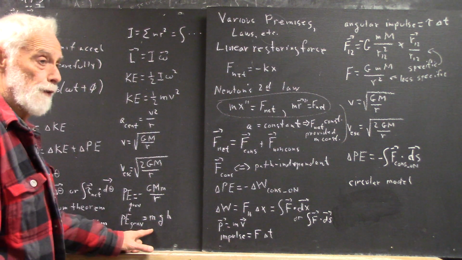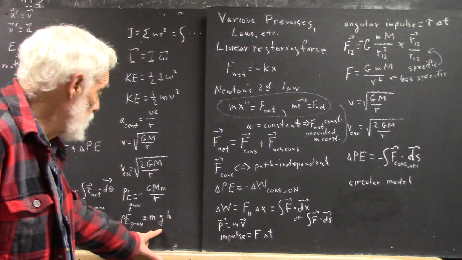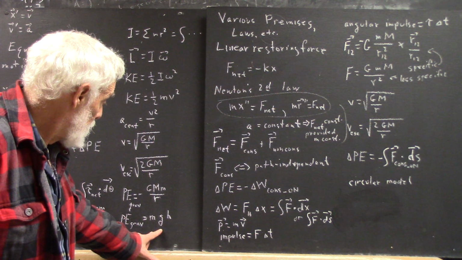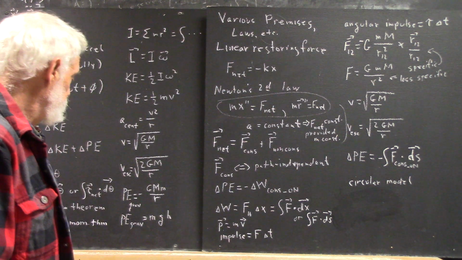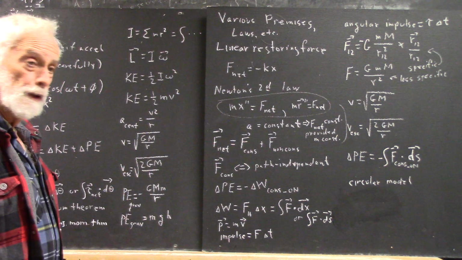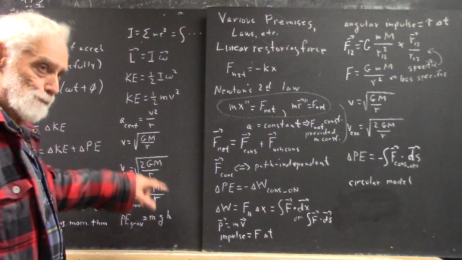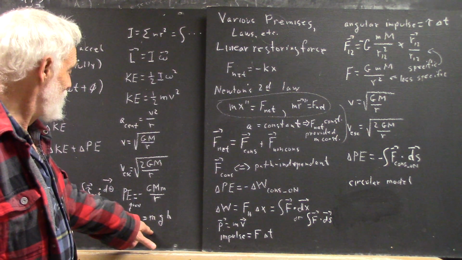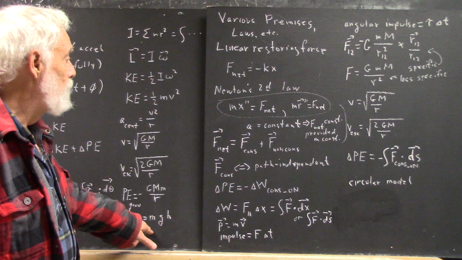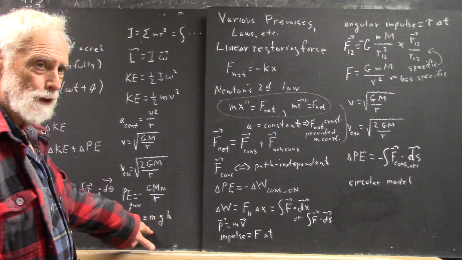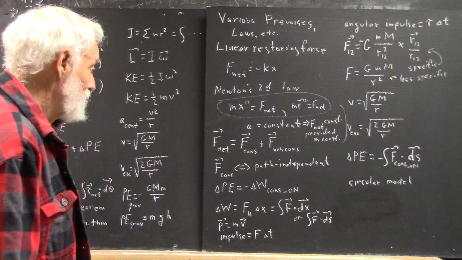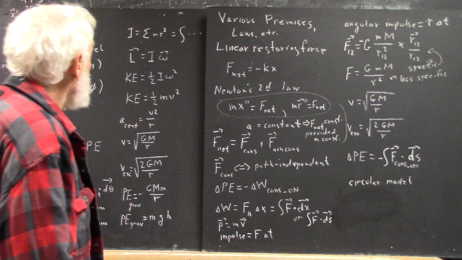And you don't want to use mgh there because this assumes that your gravitation is constant. That's another one that drives me nuts. People trying to do satellite motion using a potential energy formula that only applies near the surface of the Earth. Okay? Really hope I don't see that.